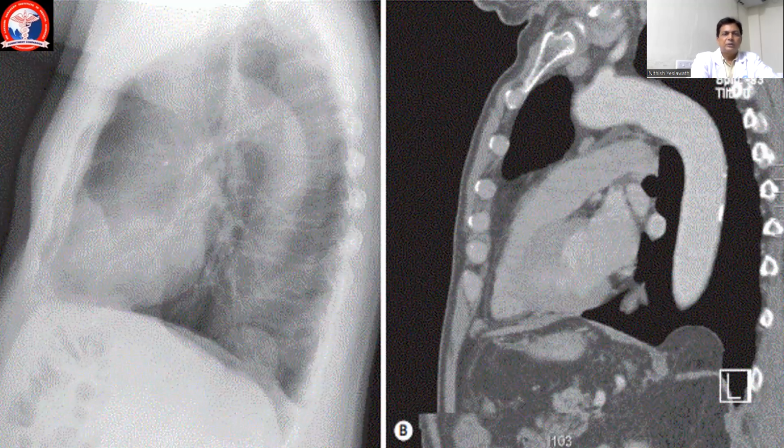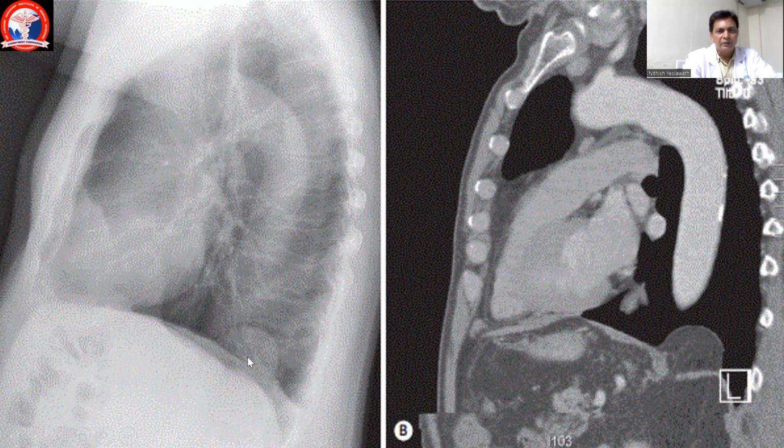Next image, lateral view of chest radiograph and reformatted parasagittal CT scan. It's a very interesting case here.